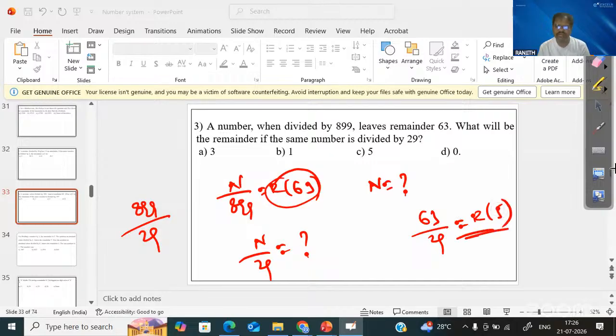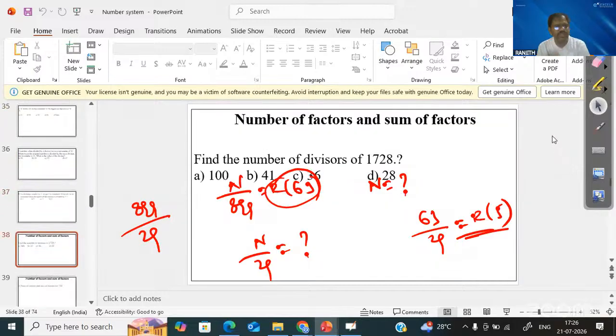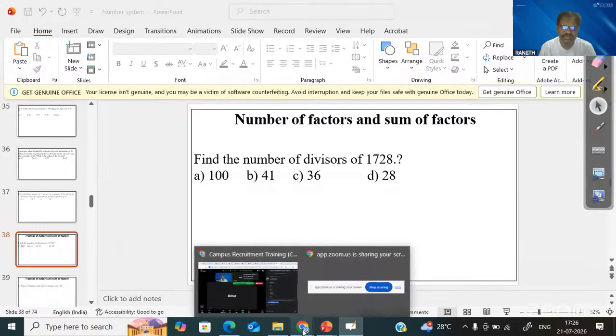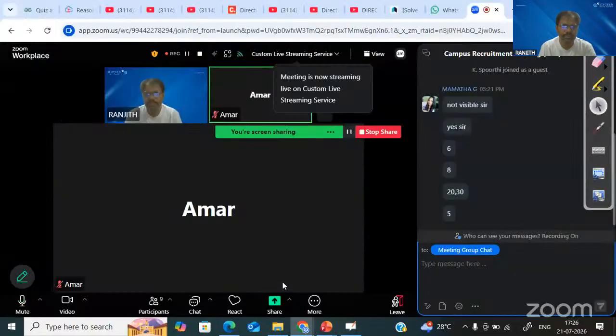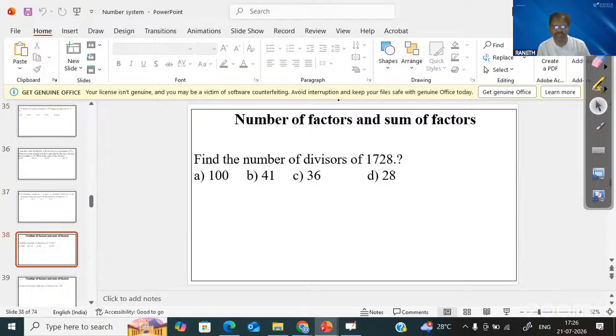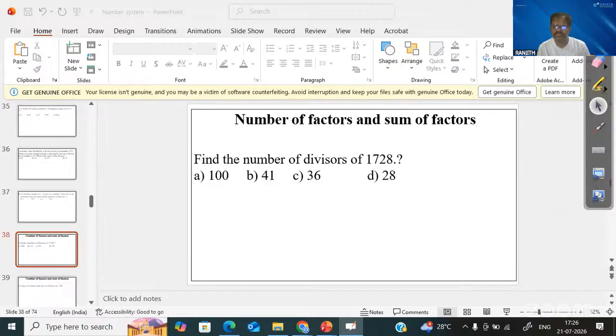Next question: can you please find out the number of divisors of 1728? Okay. Can you please find out the number of divisors of 2025?